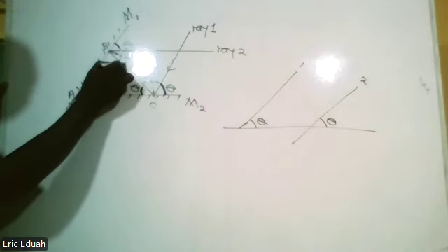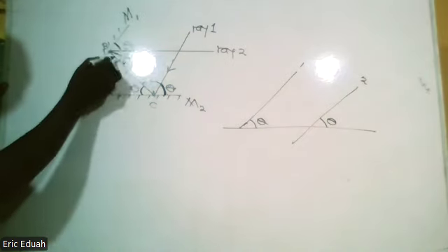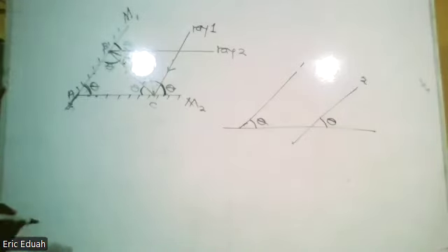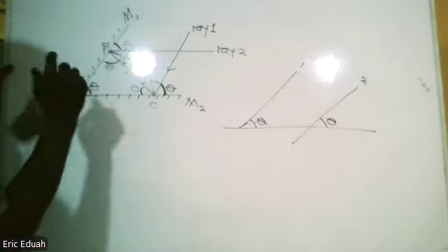If this I is equal to this I, then we can make the conclusion that this angle here is also equal to that.